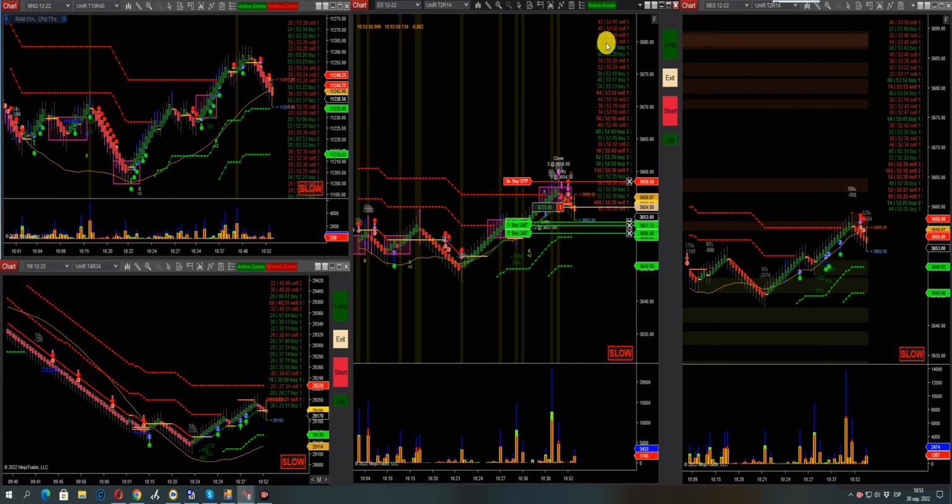Short signal in Q. There you go, more sellers, but very little sellers. Small amounts. That's why this ES hasn't dropped down.